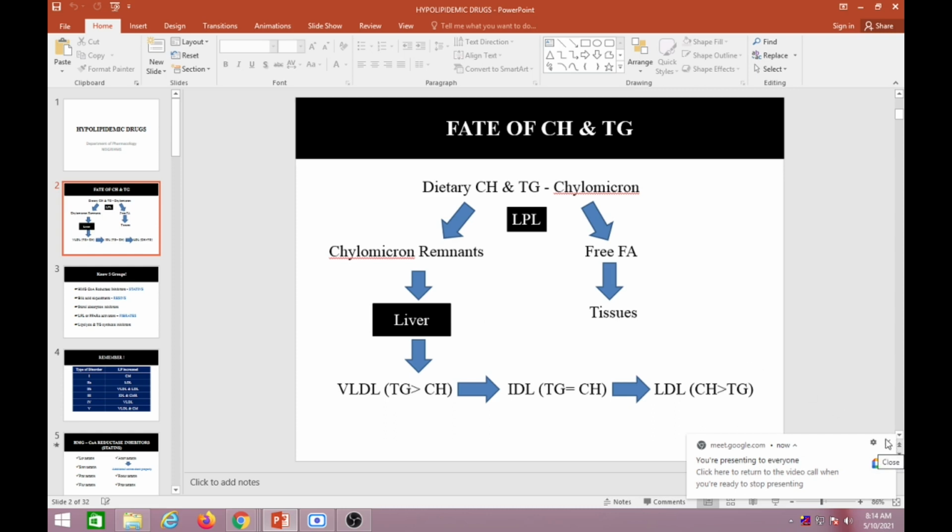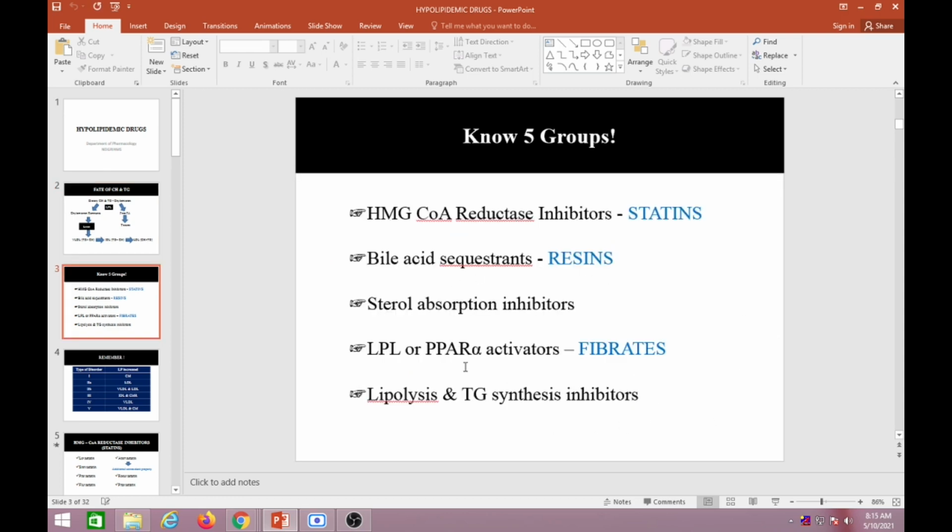So our main target while treating hyperlipidemic patients is to decrease the level of LDL and increase the level of HDL. If we discuss the various drugs, there are mainly five categories. One is HMG-CoA reductase inhibitors, which are also known as statins.